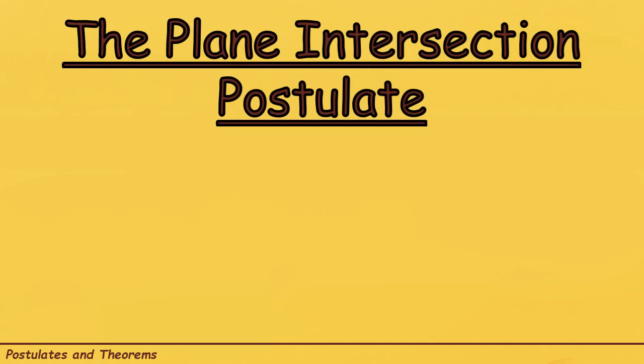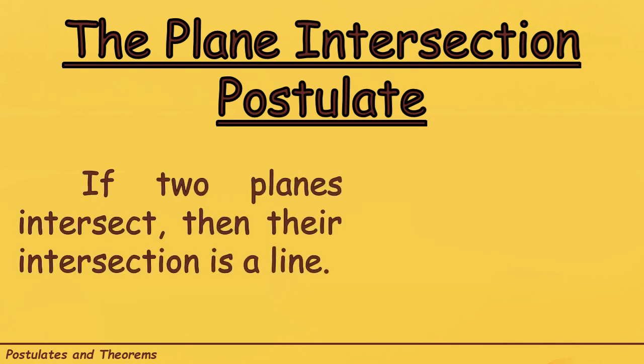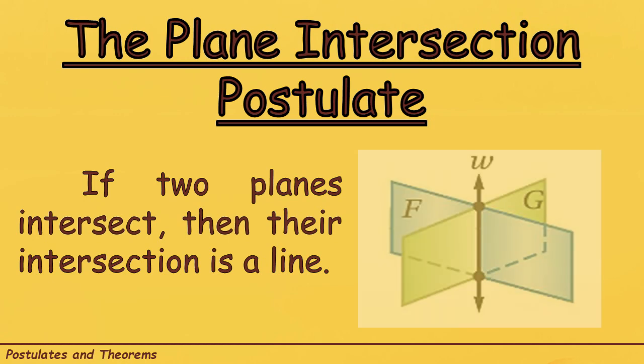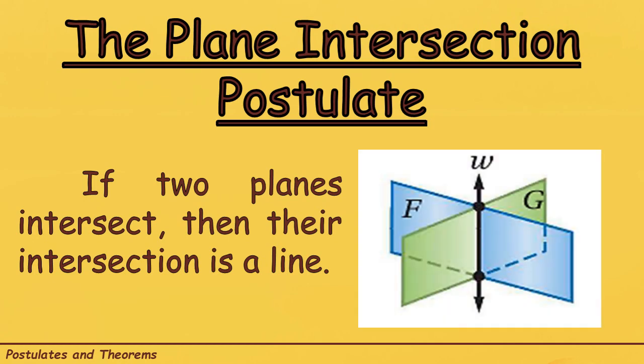We have now the plane intersection postulate. If two planes intersect, then their intersection is a line. So from there, we have the word intersection. Yun ay kung paano sila nag-meet, kung paano sila nag-intersect with one another.